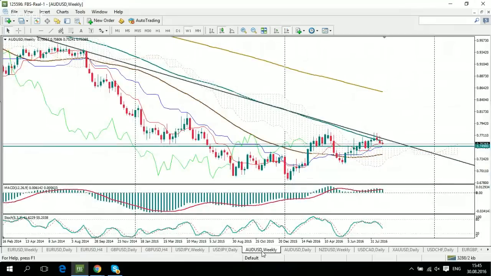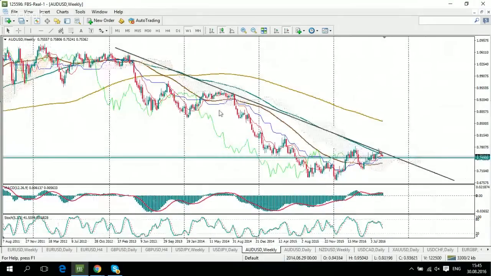Let us move to Australian dollar, US dollar. Here, as always, we start with the weekly chart. On the weekly chart, we can see that several attempts of the pair to break above this long-term resistance line have failed.